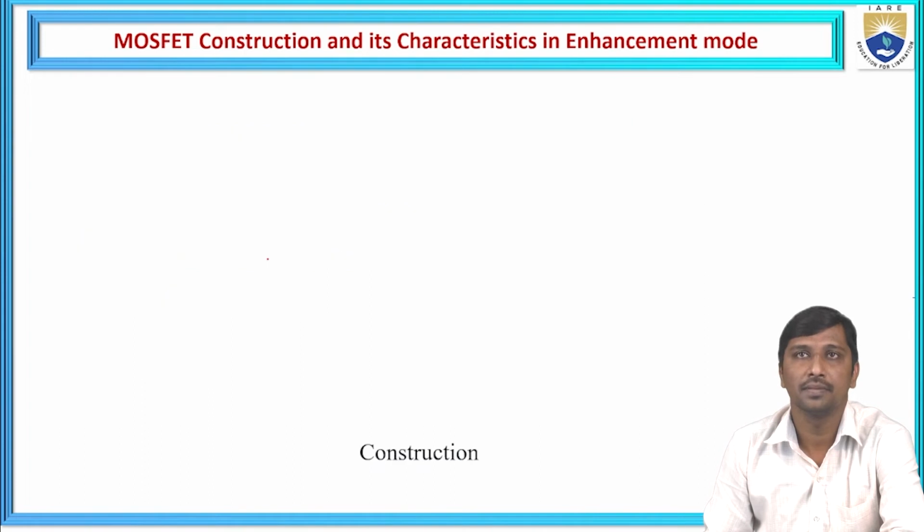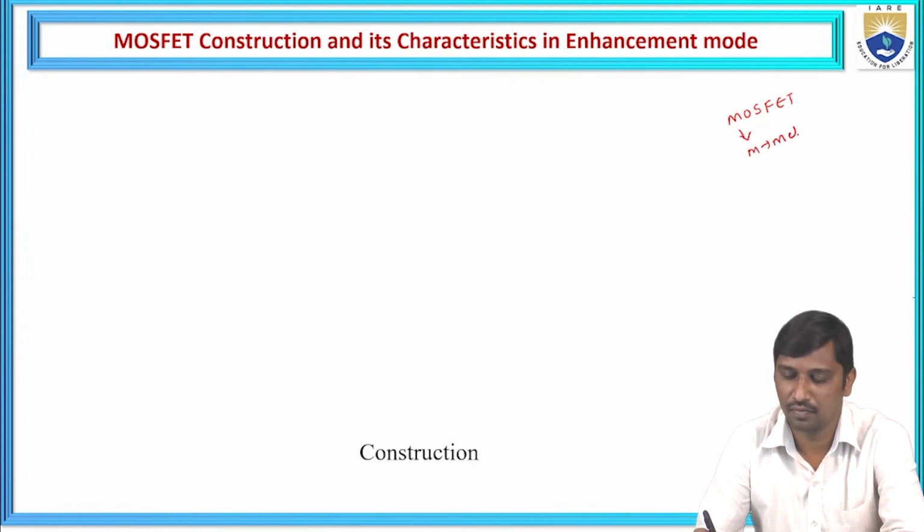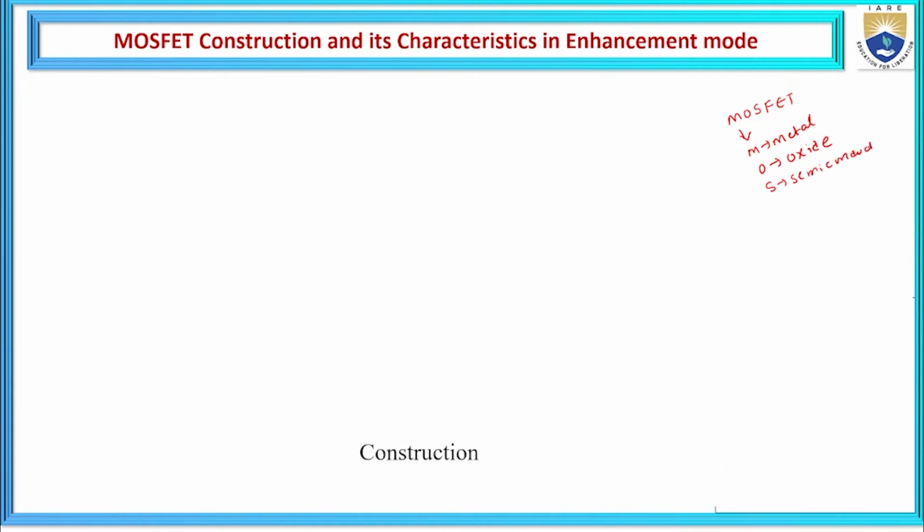We represent it as MOSFET, where M indicates metal, O indicates oxide, and S indicates semiconductor.